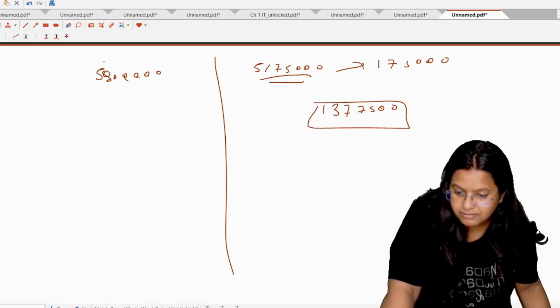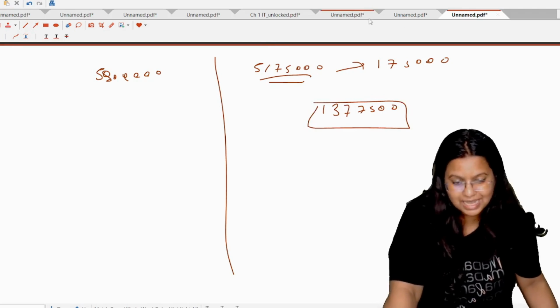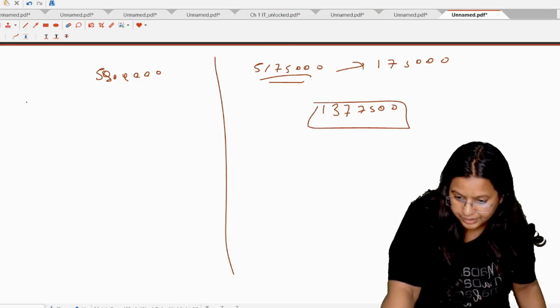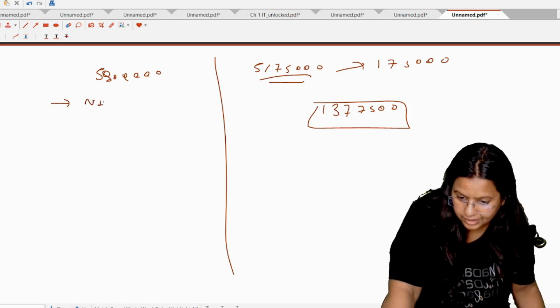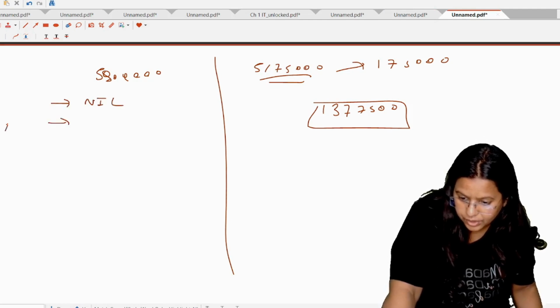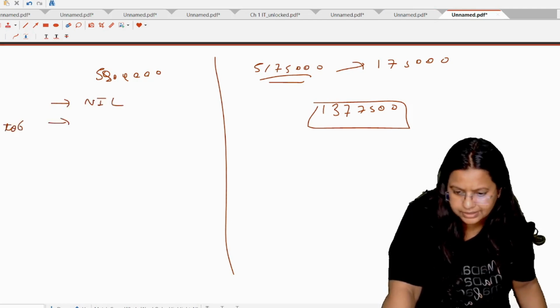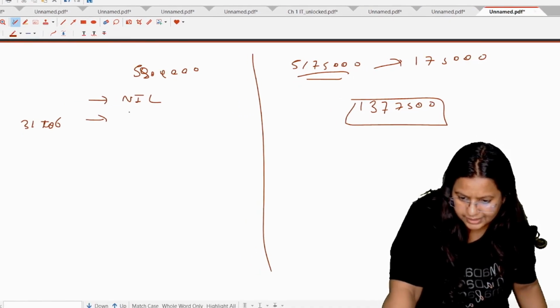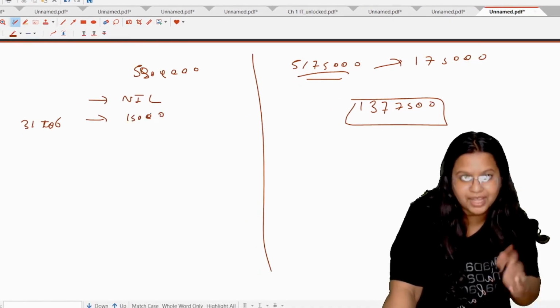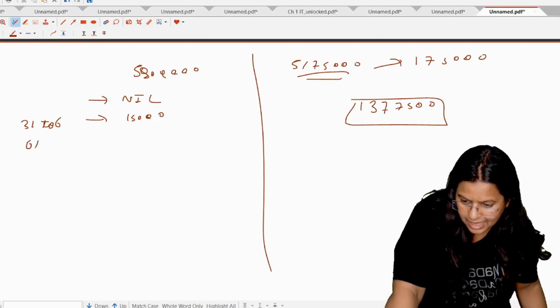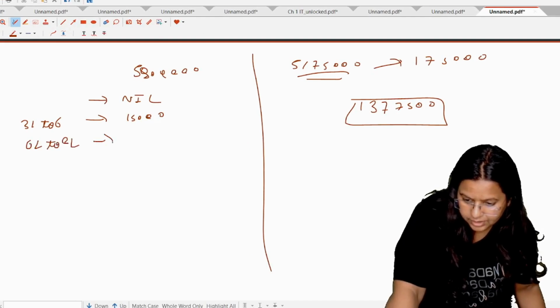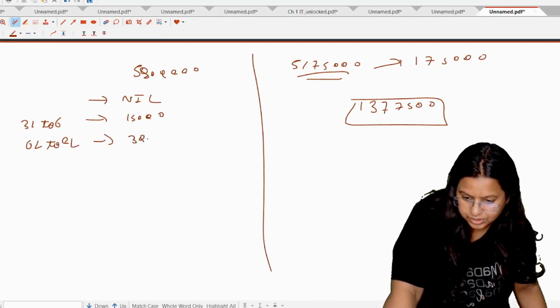But if the person was earning 50 lakh, let's calculate the tax liability. Up to 3 lakh nil, then 3 lakh 1 to 6 lakh, the tax liability was 15,000, that is 5%. Then 6 lakh 1 to 9 lakh, 10% rate, that is 30,000.